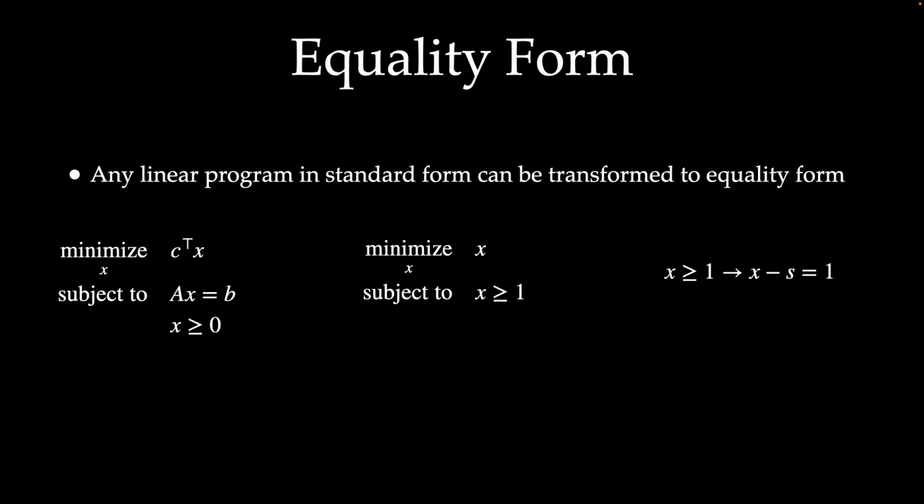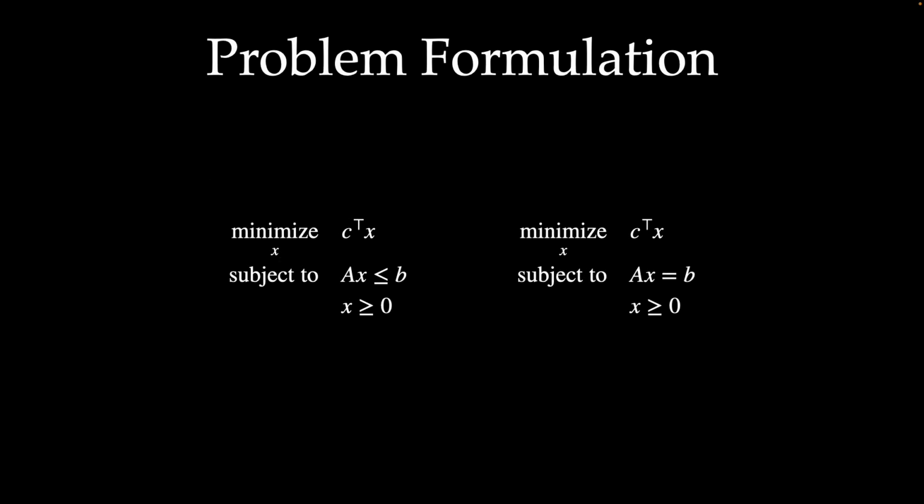Okay, so we just want to subtract s so that we get this hard equality constraint that x minus s is equal to 1. So our problem would then become minimize x subject to x minus s equal to 1, where x and s are now our variables here. Okay, so that's how we would convert between standard form and equality form. So this is just summarizing what we've seen so far with standard form on the left and equality form on the right.